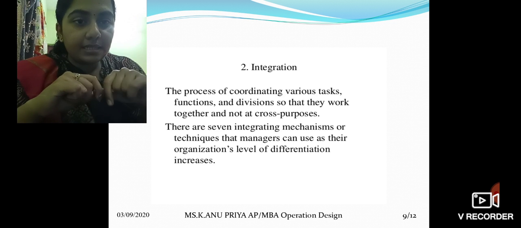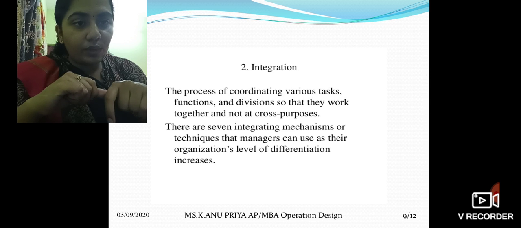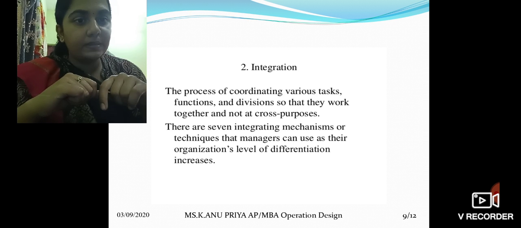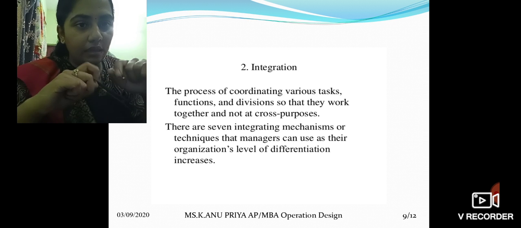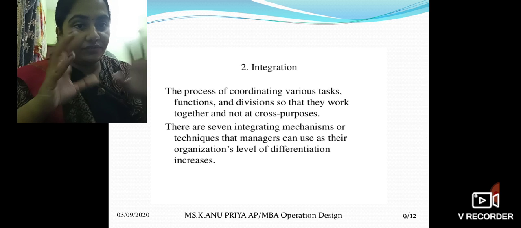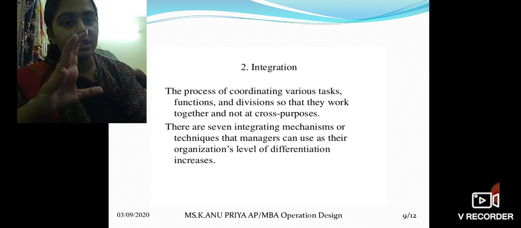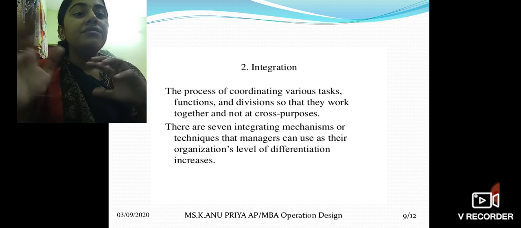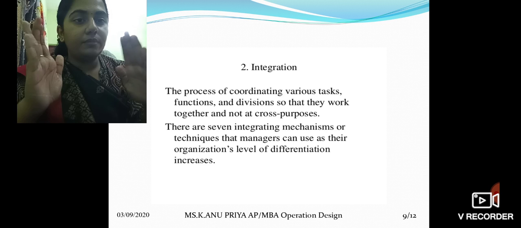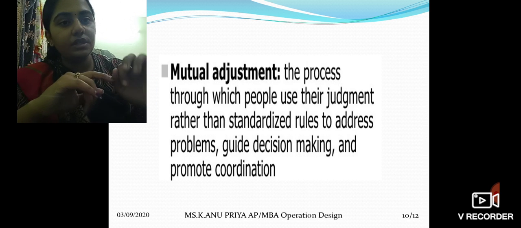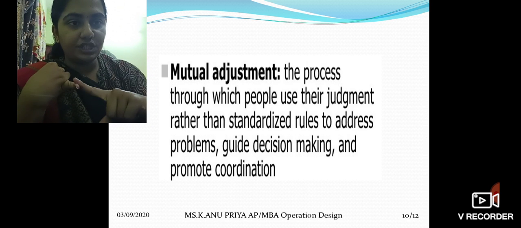So next, there are seven integration mechanisms or techniques that managers can use as their organization's level of differentiation increases. Okay, we'll come across them one by one. So one is mutual adjustment.